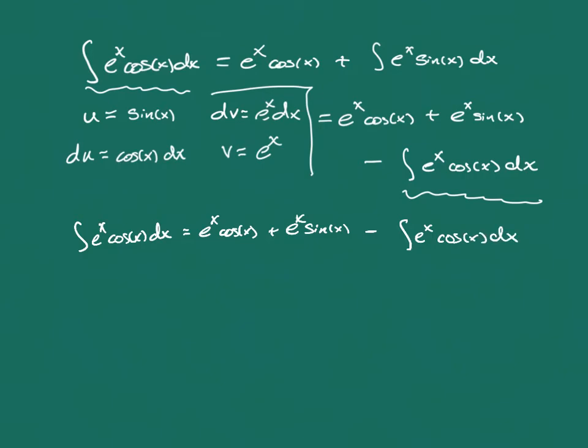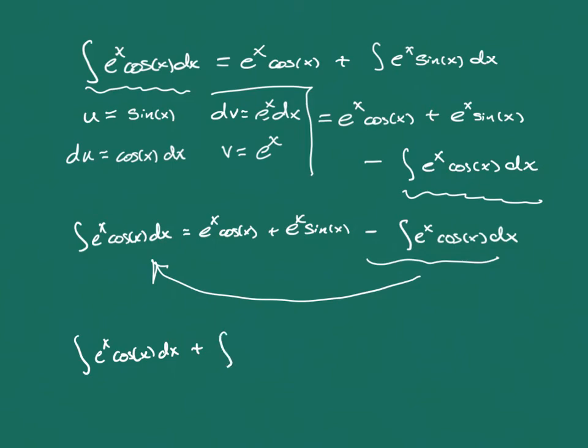We'll take the integral of e to the x cosine and add it onto both sides. So now we've got the integral of e to the x cosine of x dx plus, when we move it to the other side, the integral of e to the x cosine of x dx, equal to e to the x cosine plus e to the x sine.